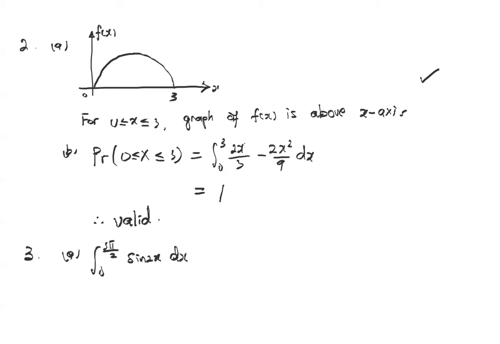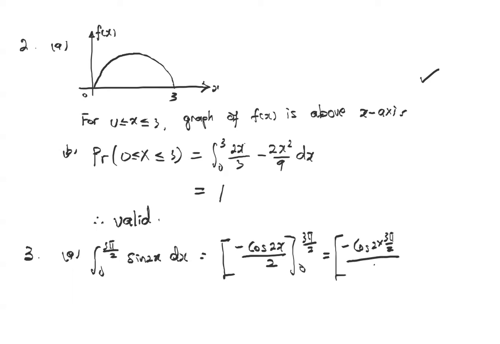You integrate sin and get negative cos 2x over 2, from 0 to 3 pi by 2. The next step is to put in negative cos 2 times 3 pi by 2 over 2, take away negative cos 0 over 2.